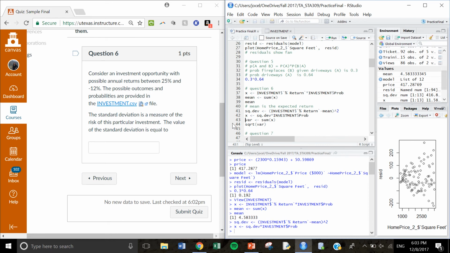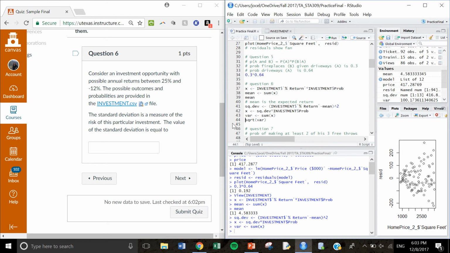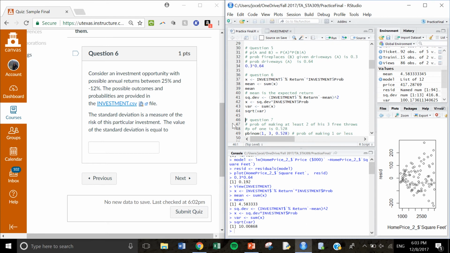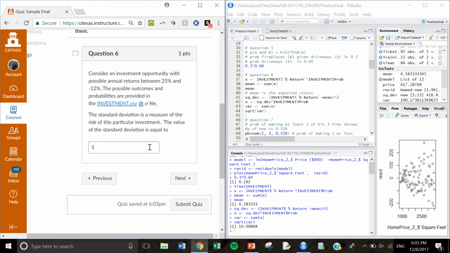And then I sum all of those to find the variance. And then we square root the variance to find the standard deviation. This is code that you'll just write down. Remember, this is all of your example, like x's. This is your probabilities. And our answer is 10.009.